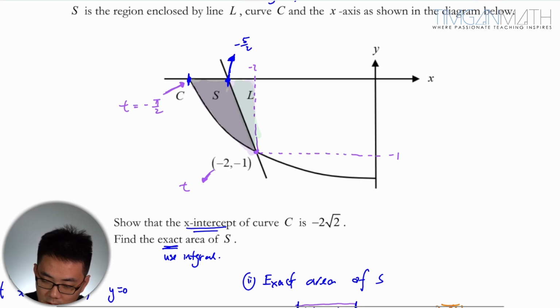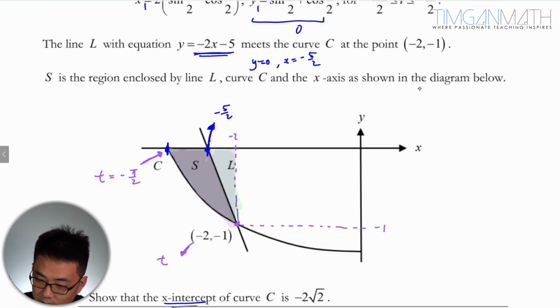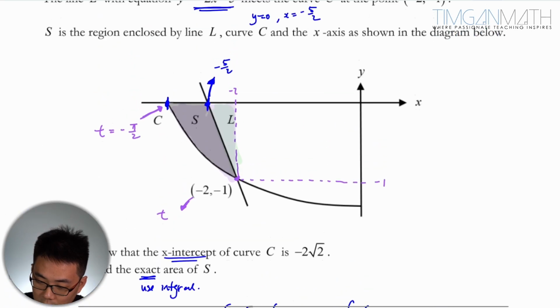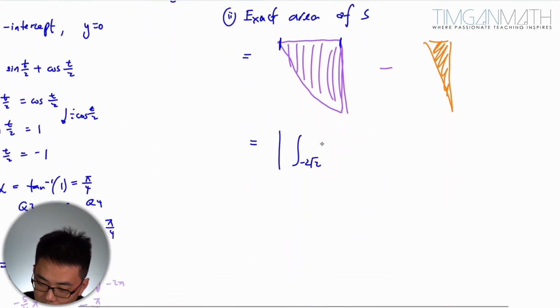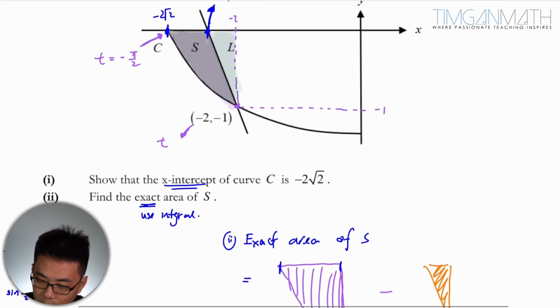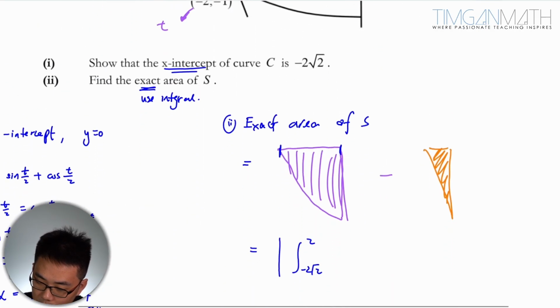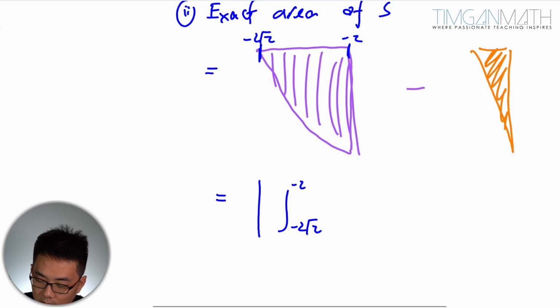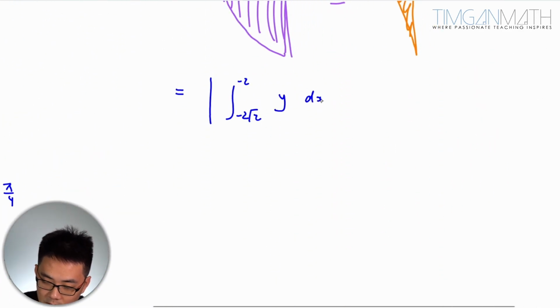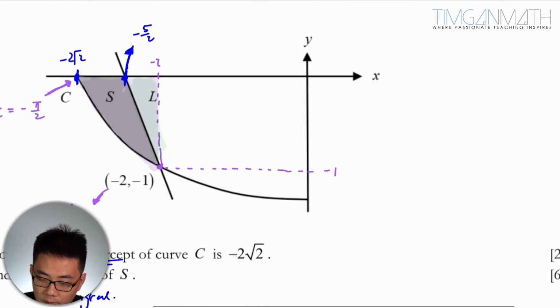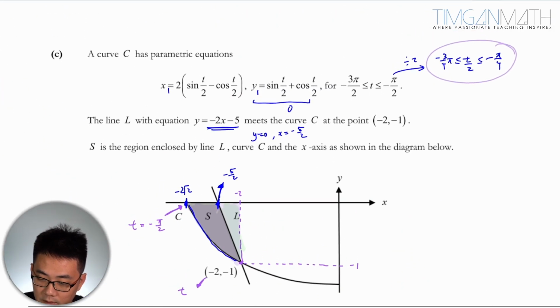The x-value we found just now is -2√2, so we start from -2√2 to 2, meaning you go from the smallest to the bigger value, and then we use y dx. This y will be the y of the curve here.